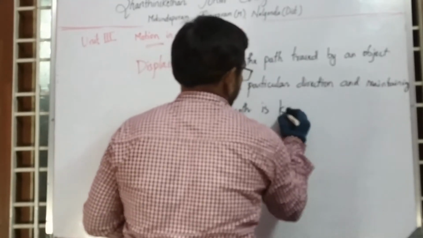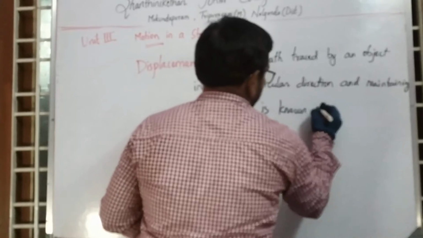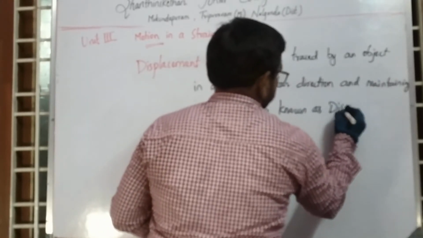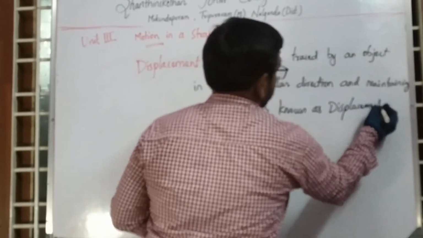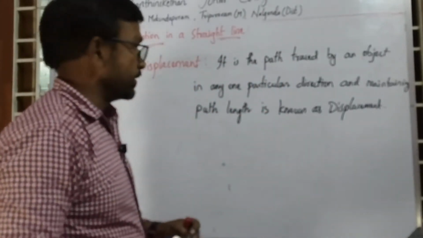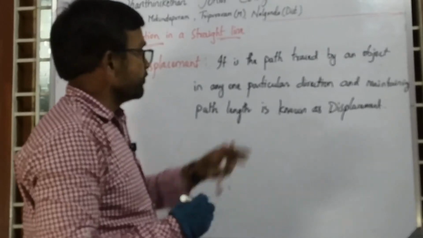It is known as displacement. Maintaining path length in any one particular direction is known as the displacement.